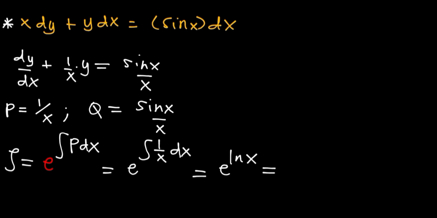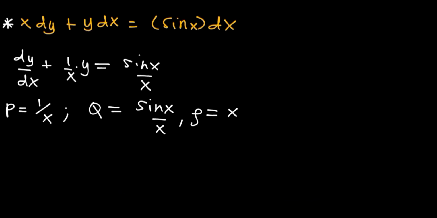Now of course, like we said, this is going to cancel these out. So that will leave us with x. So in this case, we say that the integrating factor is equal to x. Now, like you well know, we're going to have rho y to be equal to integral rho q dx.